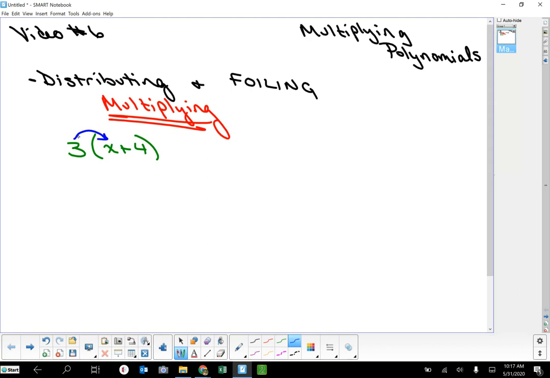So I'm going to take this 3 and multiply it by everything inside.